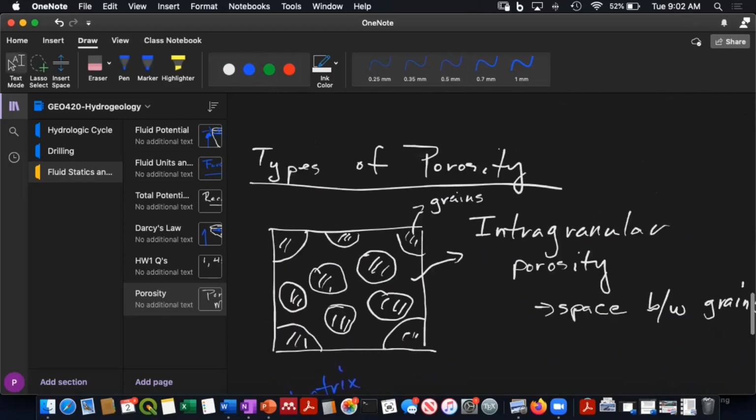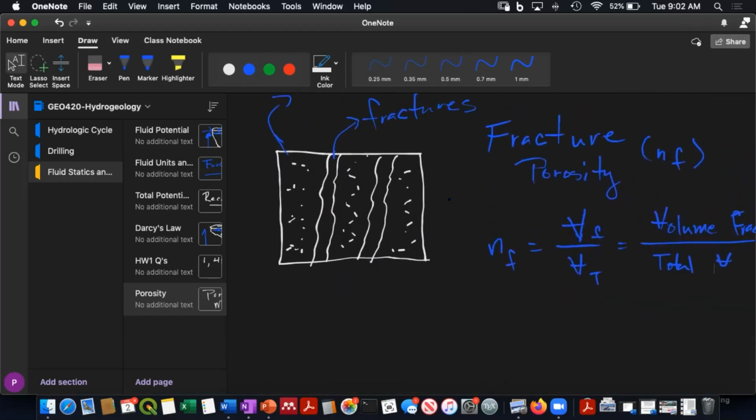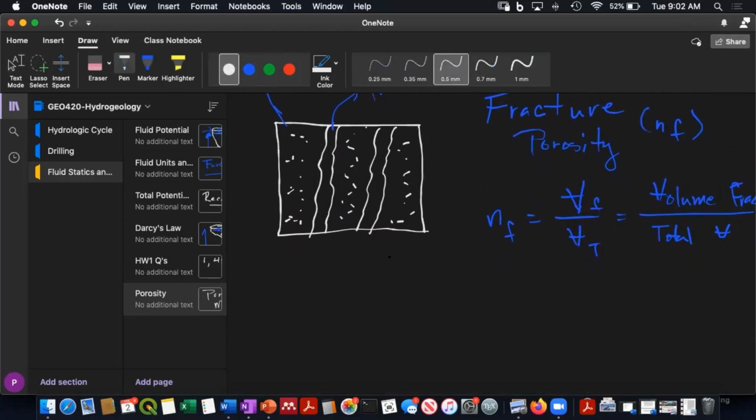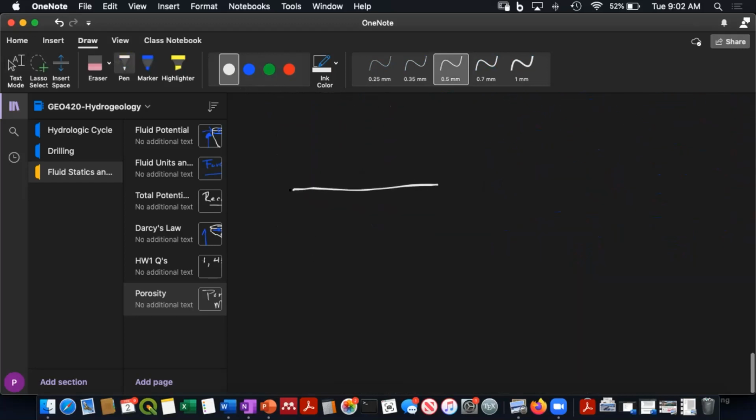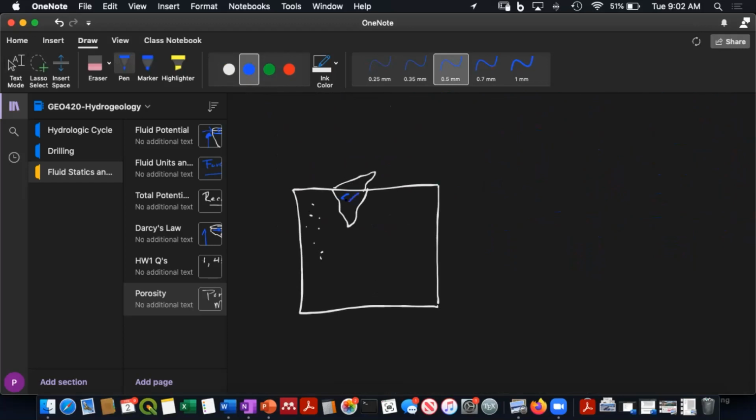All right. And then finally, another kind of porosity that we might have is, say, in volcanic rock or something like limestone. We can have intact rock, but there are large spaces excavated in this rock. And in limestone, this can happen because of, we'll draw another bug down here.